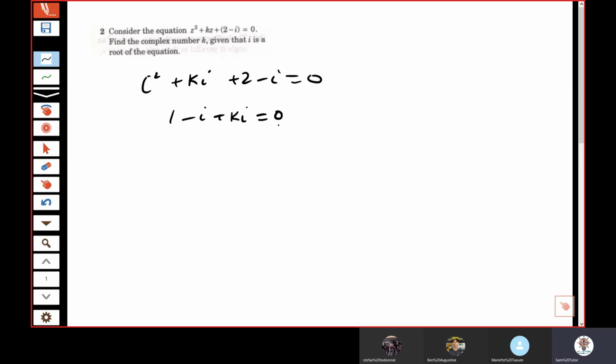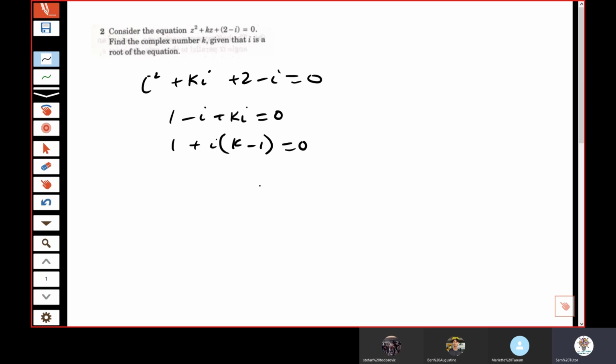Negative 1 plus 2 is 1. 1 minus i. Find the complex number k, given that i is a root of the equation. I know what I should be doing, but it shouldn't work. It doesn't work. So 1 plus i(k minus 1) equals 0.